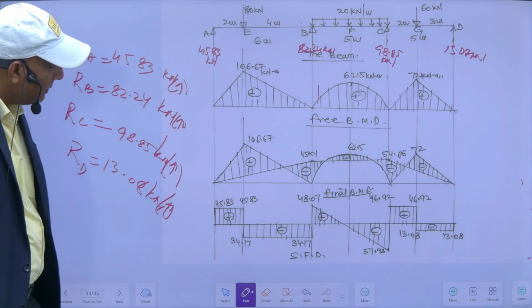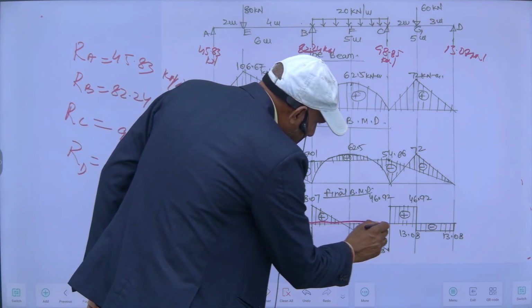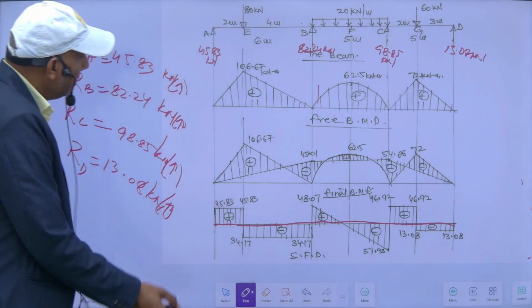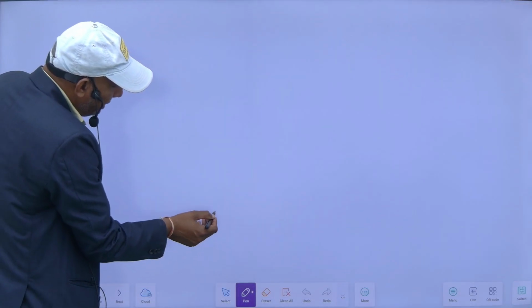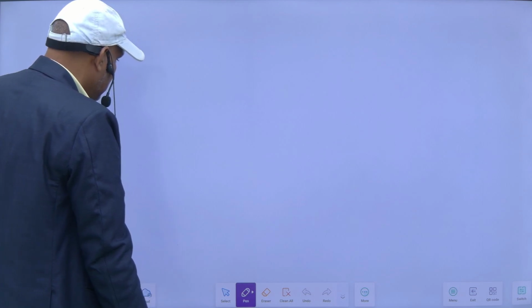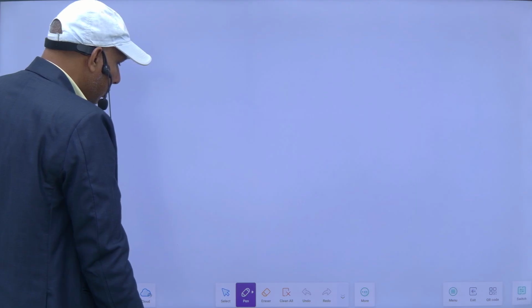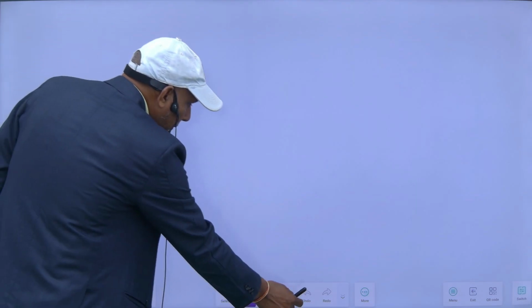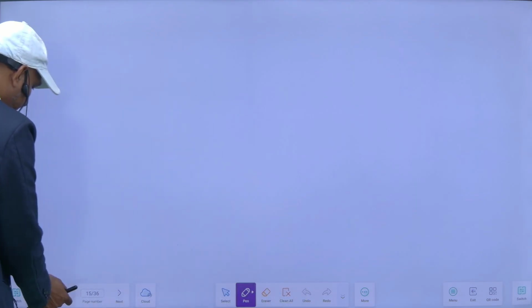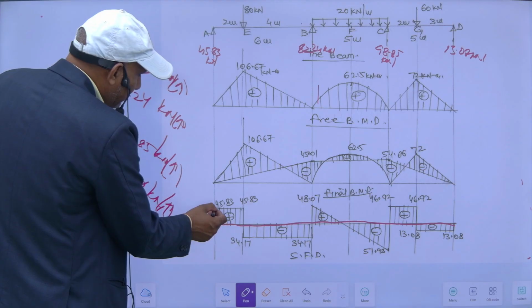Now the shear force diagram will be, this is the baseline, so it will go upward 45.83.